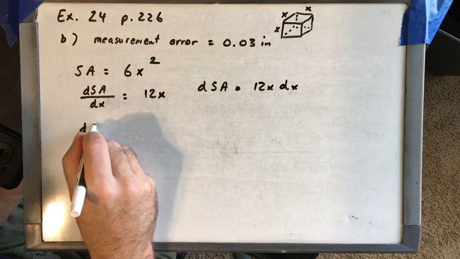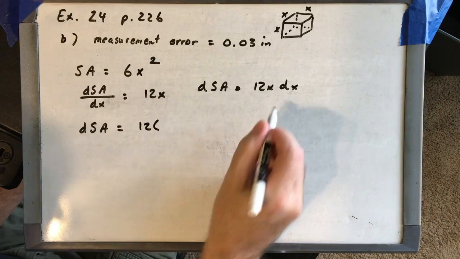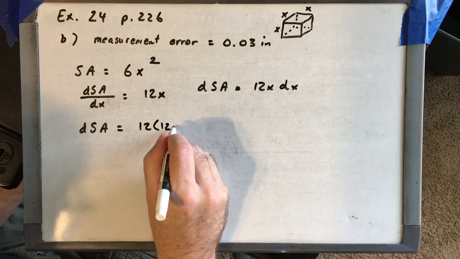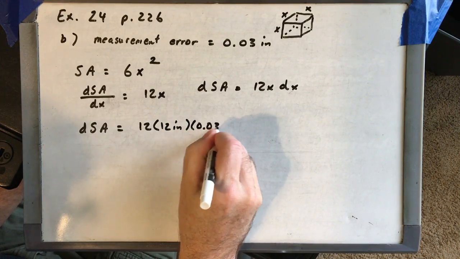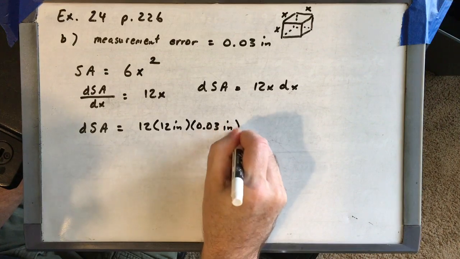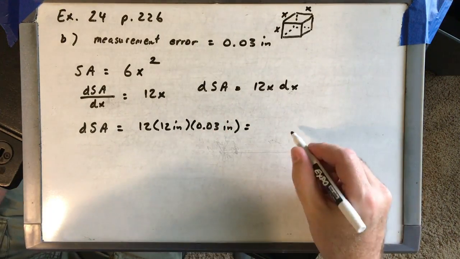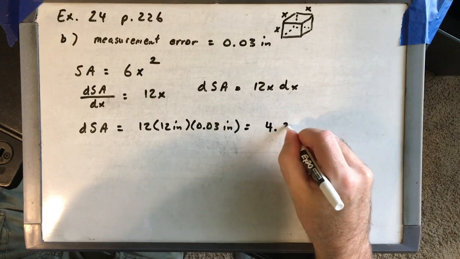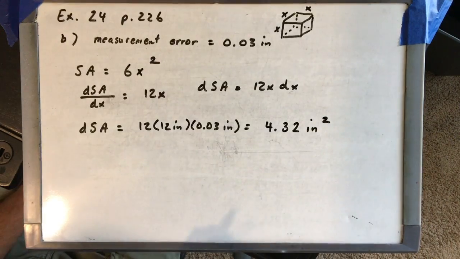So let's plug the numbers in. dSA is going to be 12. The side, x, is 12 inches. And then that's 0.03 inches for our measurement error. All right, so 12 times 12 times 0.03 would give you 4.32, and that's going to be inches squared for your unit.